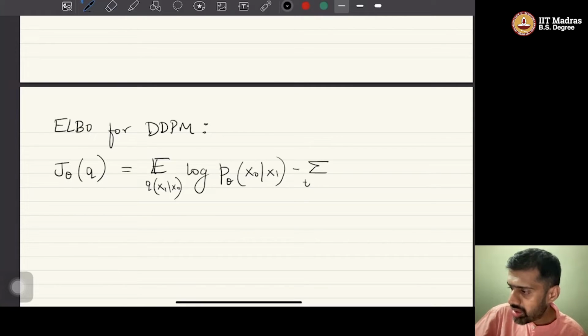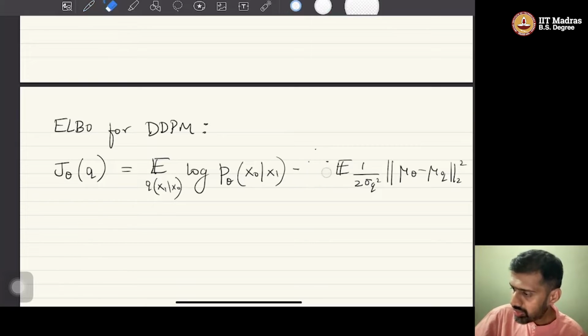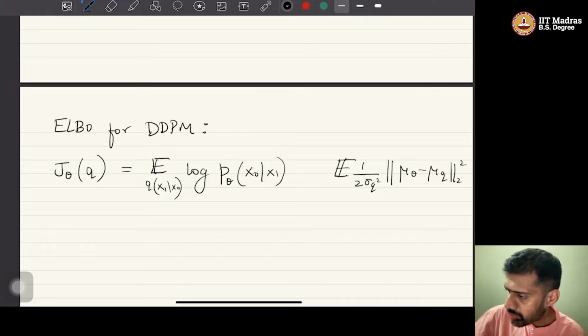So we had t equal to 2 to capital T, expectation of 1 by 2 sigma q squared times mu theta minus mu q squared, and this expectation is again with respect to q of xt given x naught, minus sigma, t equal to 2 to capital T. So that's it.